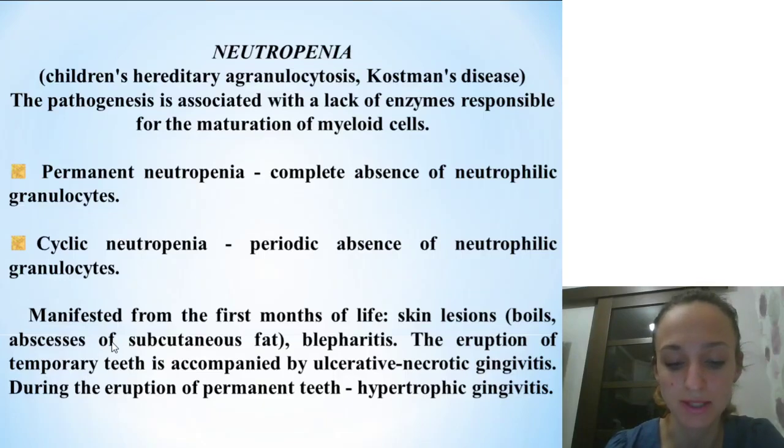Eruption of temporary teeth is accompanied by the appearance of ulcerative necrotizing gingivitis, which is replaced by generalized periodontitis at the age of 2 to 3 years. It has a very aggressive course as a result of progressive resorption of bone tissue of the alveolar process.